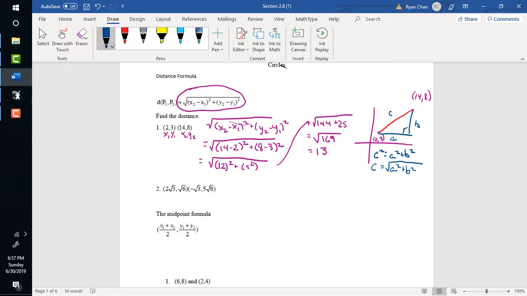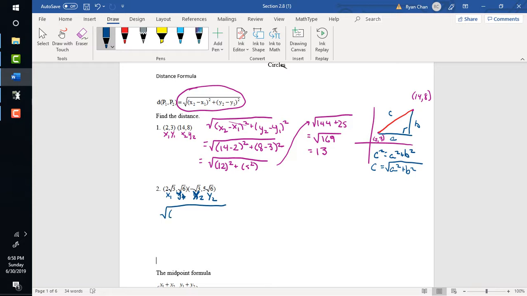Okay, so let's look at another example. Let's look at number 2 right here. So this is x1, y1 and x2, y2. Just remember, you have to be a little bit careful when you subtract your radicals.